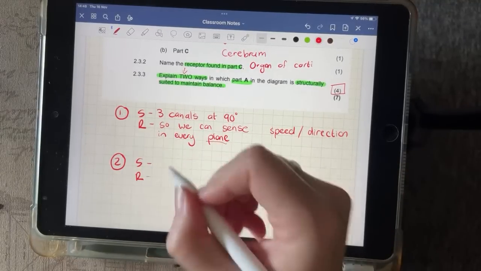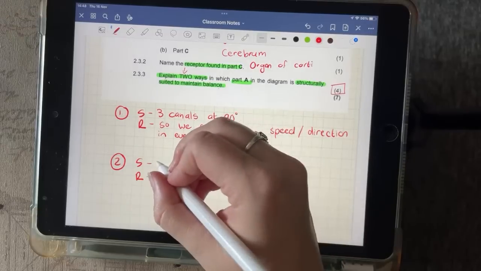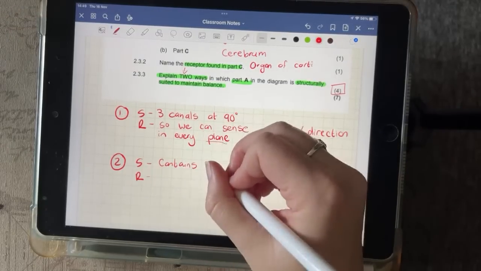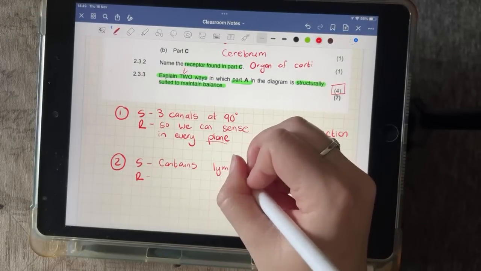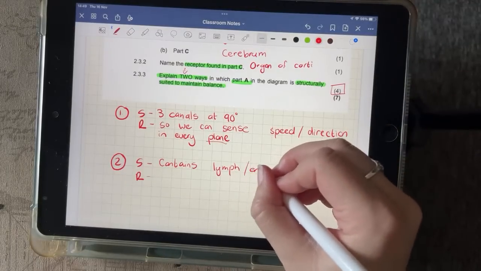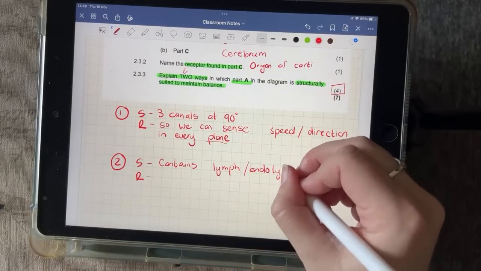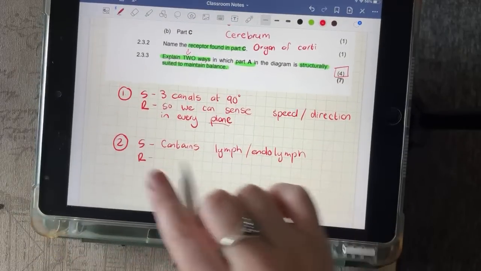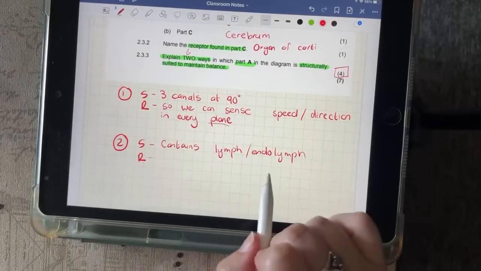The second structural adaptation is the lymph. So I can say here, it contains lymph. It actually contains something which we call endolymph, if you really want to be specific. And that endolymph, if that's my statement, reason, why does that help with balance?